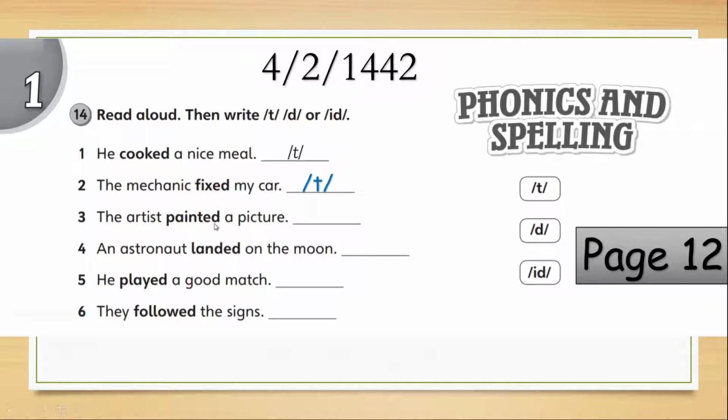Painted. Before the ed we've got t. So painted. Ed. 4. An astronaut landed on the moon. Landed. Ed. 5. He played a good match. Played. D. 6. They followed the signs. Followed. D.